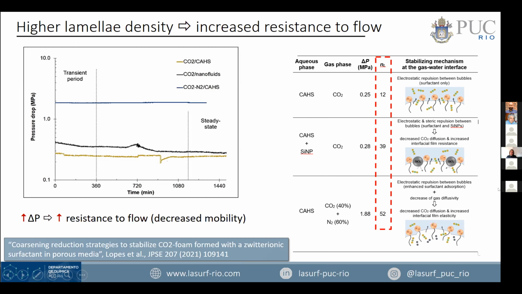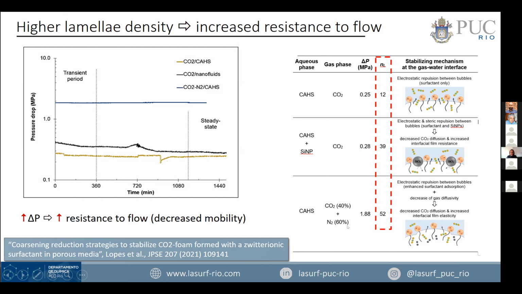So this is very important, because we can see how a very small amount of nanoparticles, which are not large and whose concentration is not high enough to raise worries about blocking the pore throats or pore channels, is able to increase this pressure drop. On the other hand, a more realistic scenario is not just injecting CO2 into the reservoir.